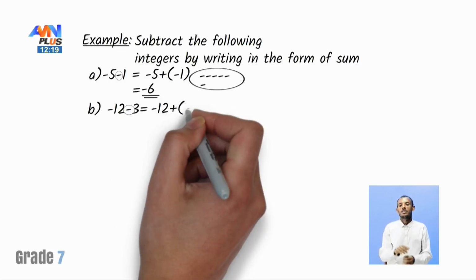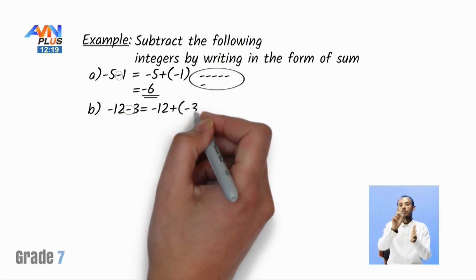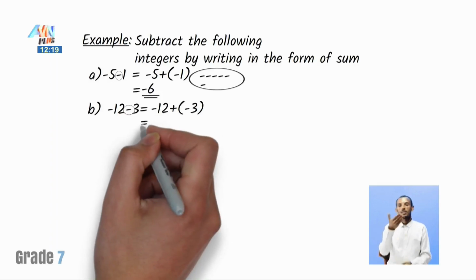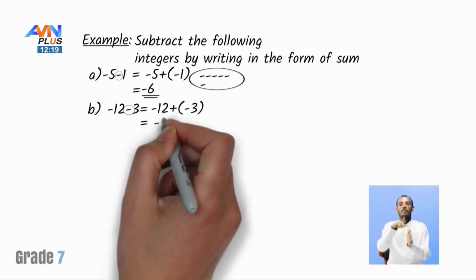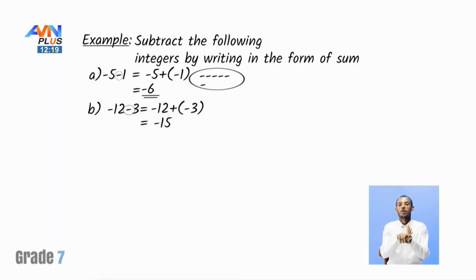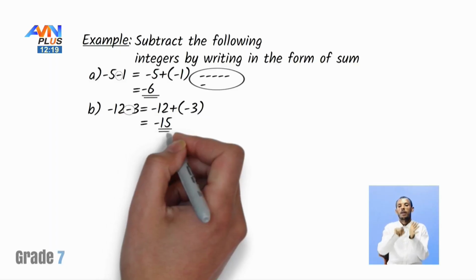Therefore, you add these two. Negative 12 plus negative 3. What will be the result? Nice. The result will be negative 15. Simply in this case, since both are negatives, you put negative and you add the numbers 12 and 3. 12 plus 3 is 15. The final result will be negative 15.